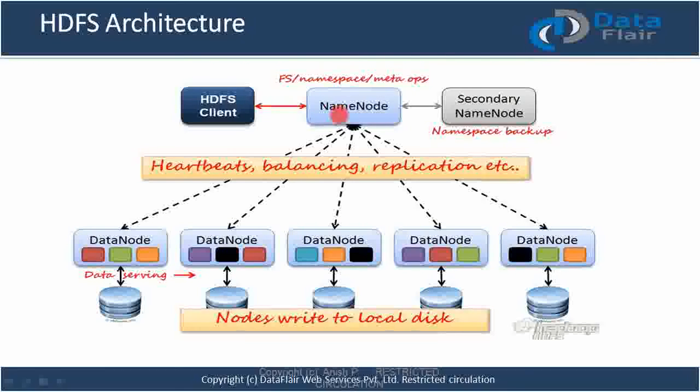Just look at the meaning, heartbeat. It is pretty simple from its name only. When the data node sends this to the NameNode, correct, Sandil. So usually this message is sent by the data node to the NameNode, and only then will the NameNode come to know, okay, all my slaves are up and running.